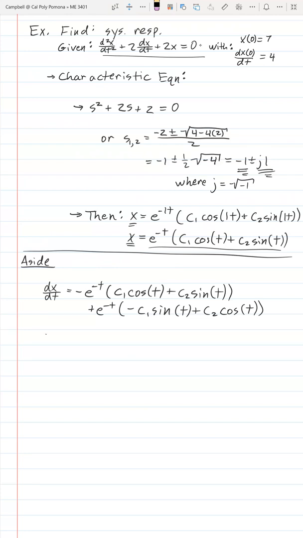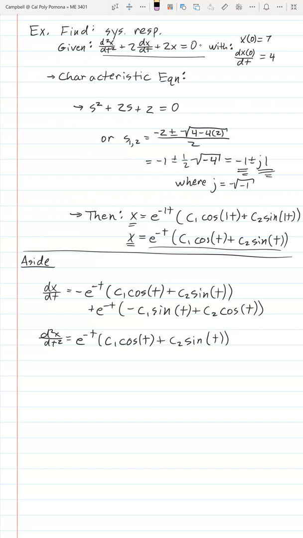Now we also need to take our second derivative, and of course this is where things get a little painful, but that's okay. And so we again take the derivative of the exponential function first, and we get a -1 times a -1 gives me a +1. And then we don't do anything initially with this stuff in the parentheses. So let's go ahead and just rewrite that. And then we have to take the derivative of what we have in the parentheses.